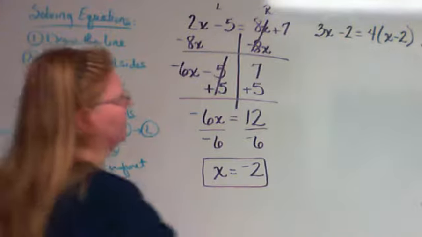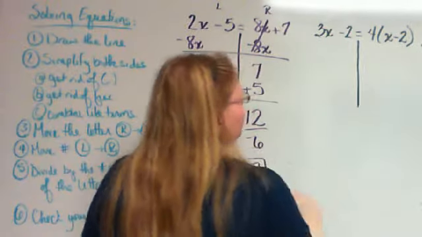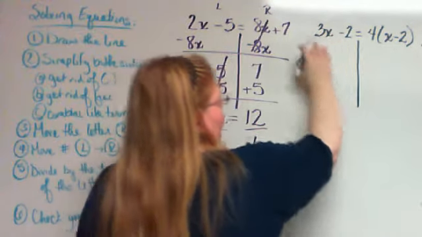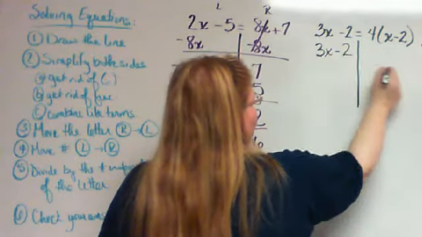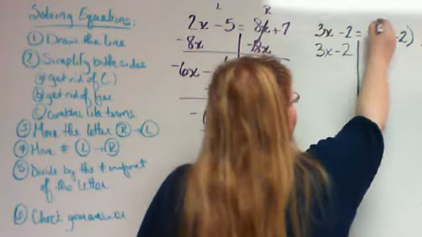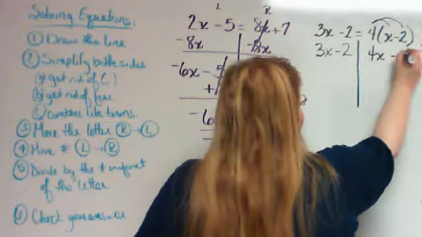Okay, so let's look at it. I hope you drew the line. And then I don't have any parentheses on this side, so it's going to stay 3x minus 2. But I do have some parentheses over here, so I need to distribute to get rid of them. So that's 4x minus 8.